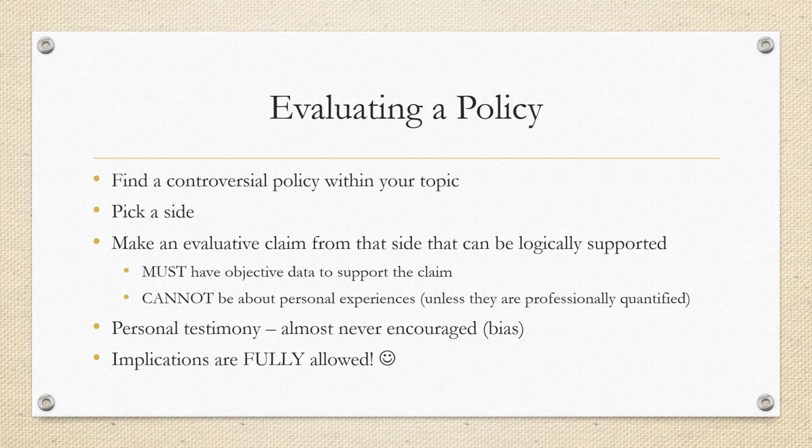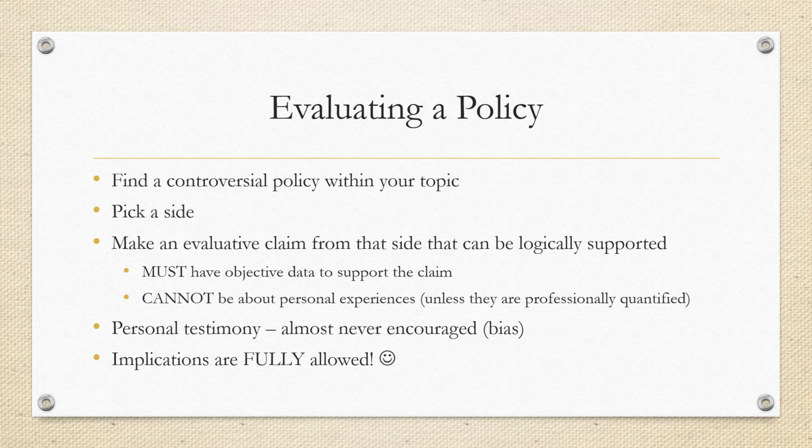With an evaluation essay, we now get to play with implications. Because if we're saying that such and such is detrimental to our economy, not only can we prove how it is going to harm our economy, but we can also look at the implications of that. Maybe greater unemployment, maybe greater risk of domestic violence and child abuse because families are under more stress financially and unhealthy families can take that out on each other.